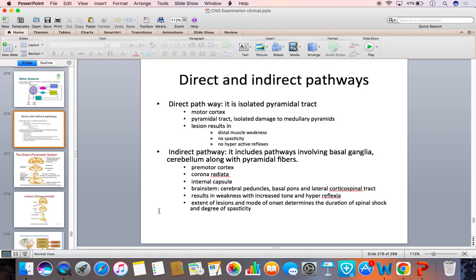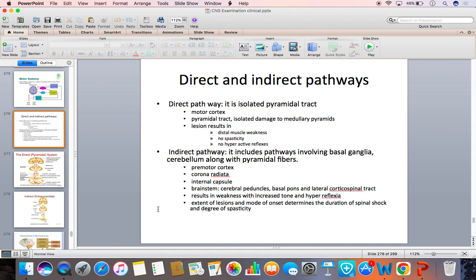This results in weakness with increased tone and hyperreflexia. Again, extent of lesion and mode of onset determines the duration of spinal shock and degree of spasticity. If the lesion is small, duration of the spinal shock is less, and degree of spasticity is also not that remarkable.